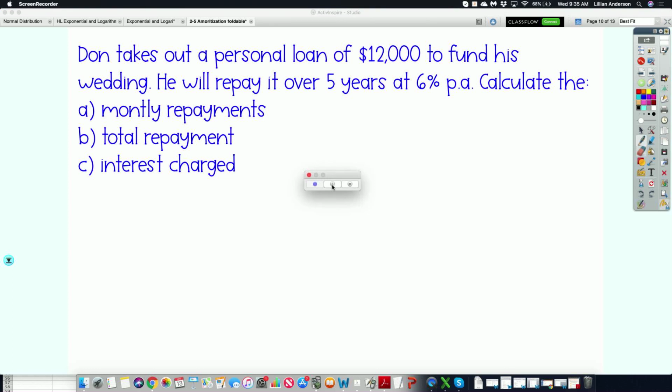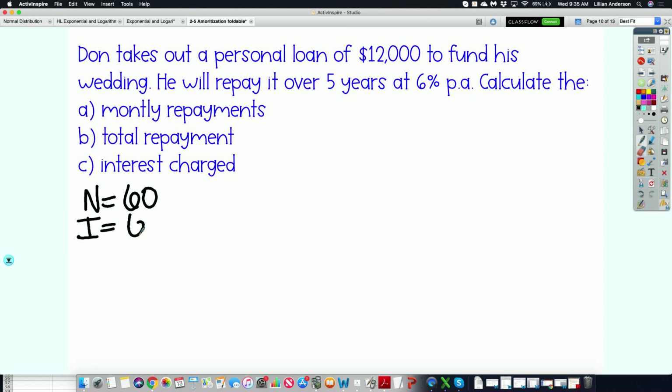He's going to repay it over 5 years at 6% per annum. Calculate monthly payments, total repayments, and the interest charge. Pretty straightforward. N is 60, I is 6, PV is 12,000 for this expensive wedding. Payment is what he's going to have to pay.